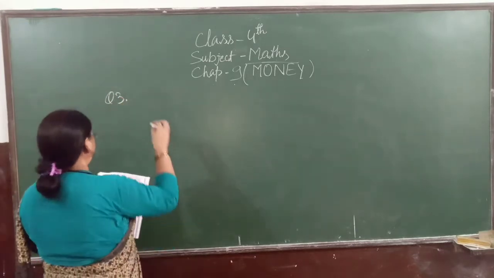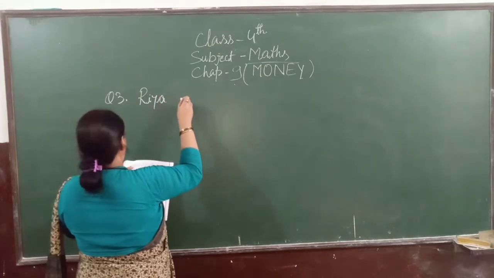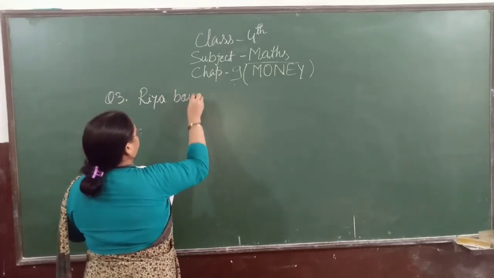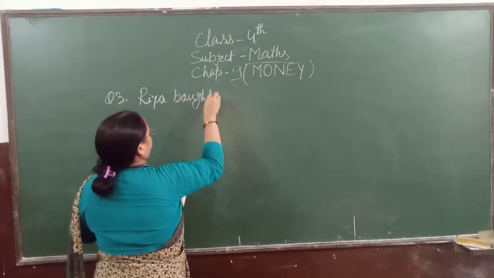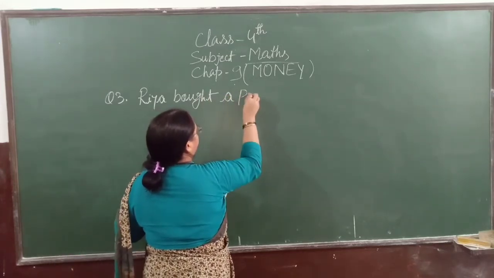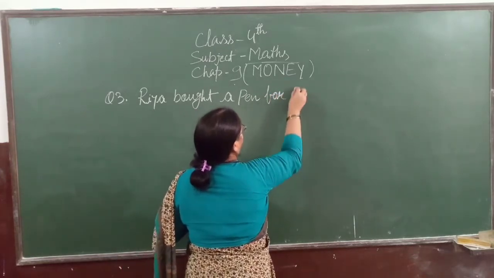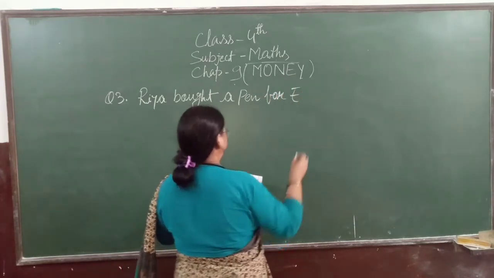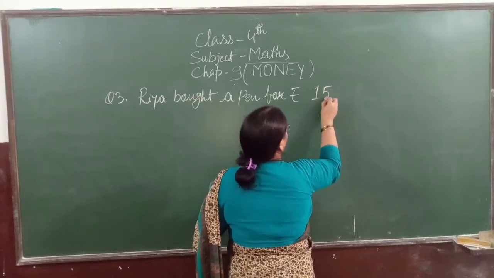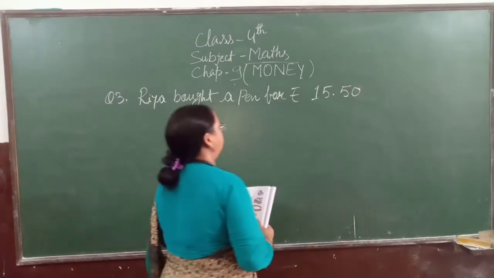Riya bought a pen for rupees 15 rupees and 50 paise.